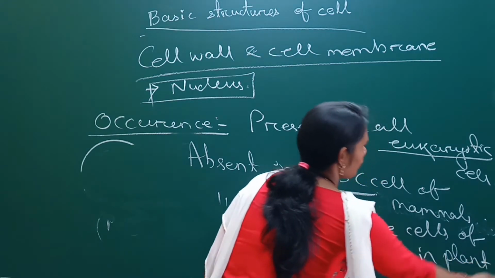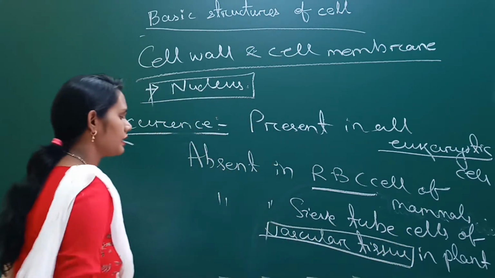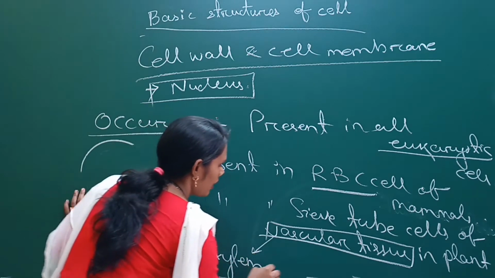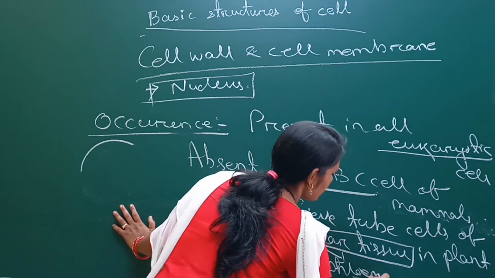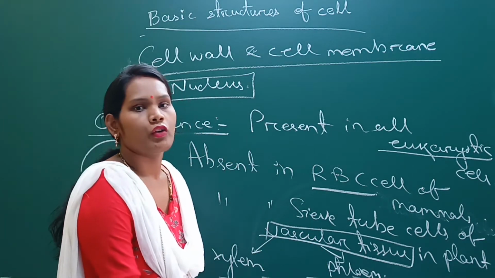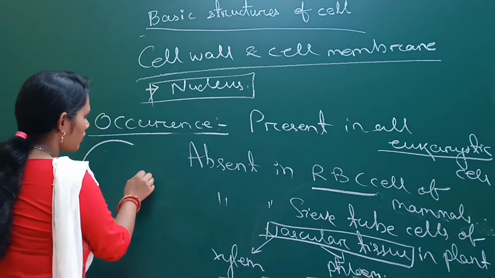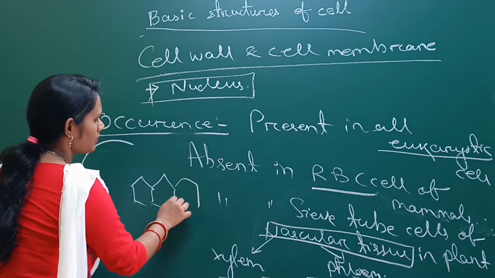In plants, vascular tissue is present. Vascular tissue is of two types: one is xylem and the other is phloem. Xylem is the water conducting tissue and phloem is the food conducting tissue. Both are vascular tissues and both have sieve tube like structures.